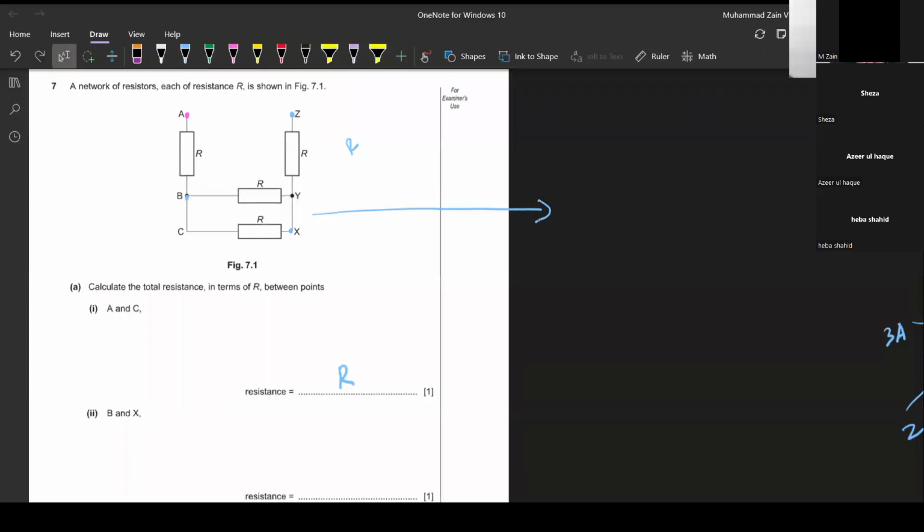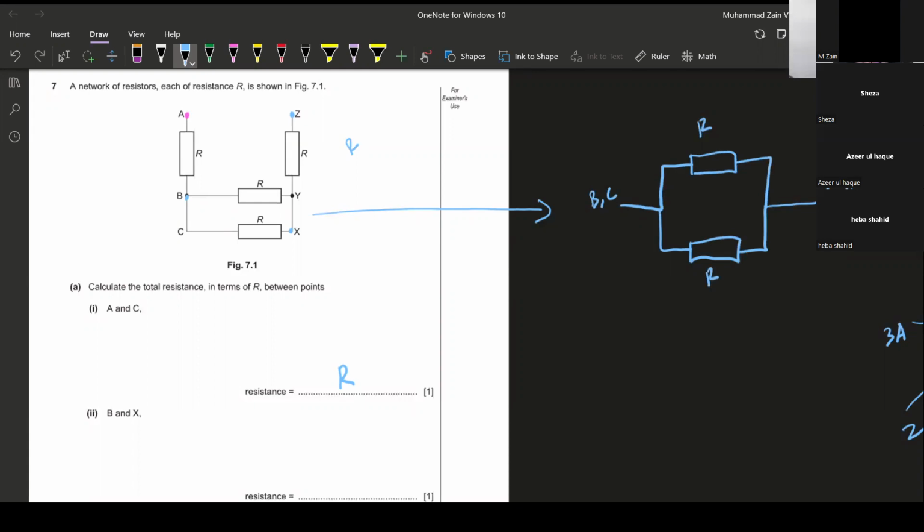So if I simplify what the circuit actually means, I would have a resistor R. These lines, consider them to be drawn only for our convenience. They don't have any special significance. This is R and this is R. So this would be my point B and point C simplified, and this would be my point Y and point X, because Y and X are essentially the same points.